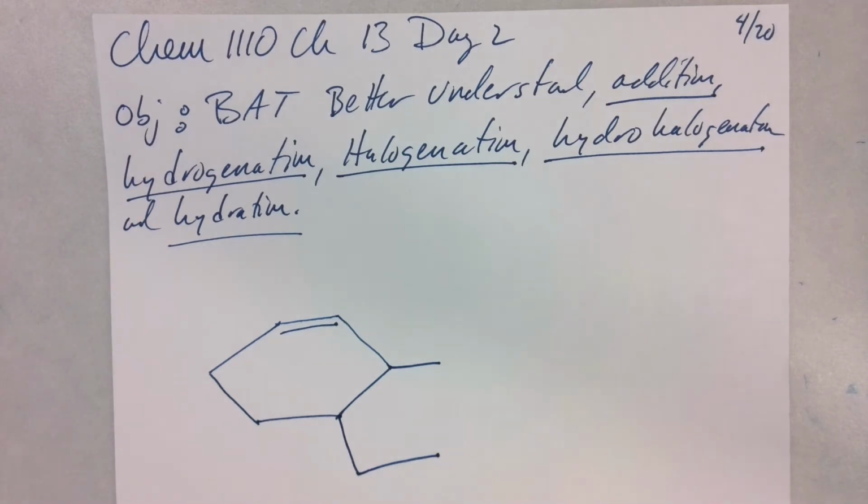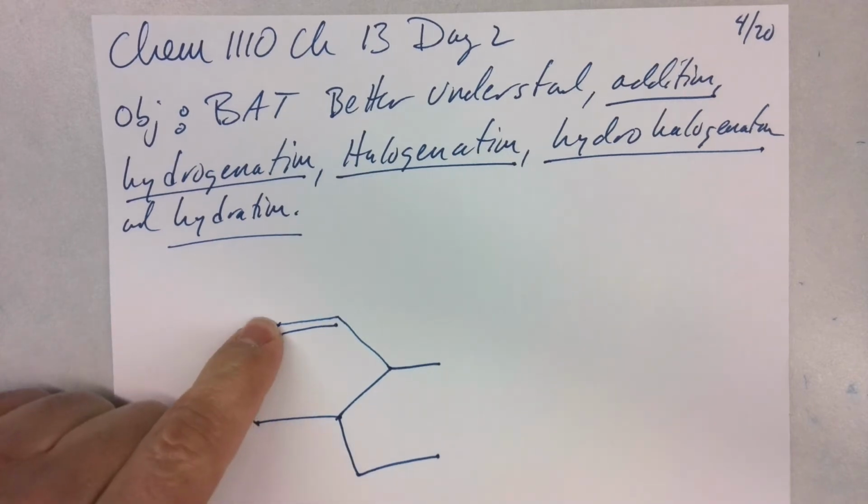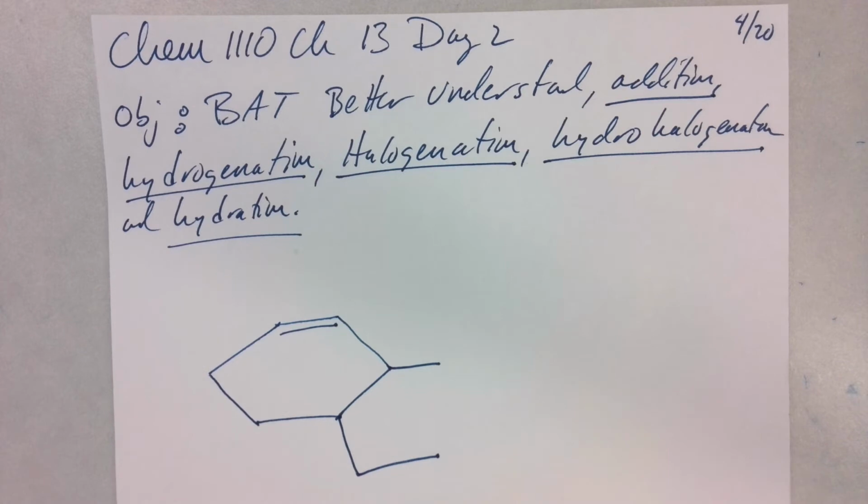Who can remember where I need to start naming this? Branch. I start on the branch. Okay, I used to start on the branch. You start on the alkene. If you recall what I said, that the double bond now takes what? Now it takes precedence. Now, if I had a branch on that double bond, then I would definitely want to start there. But here I've got two options.